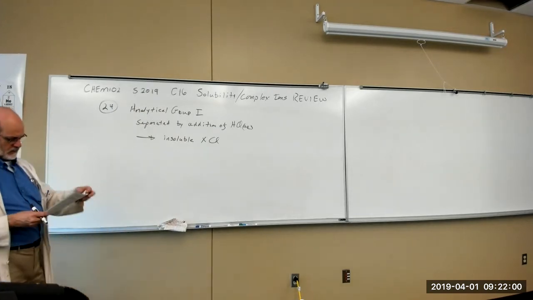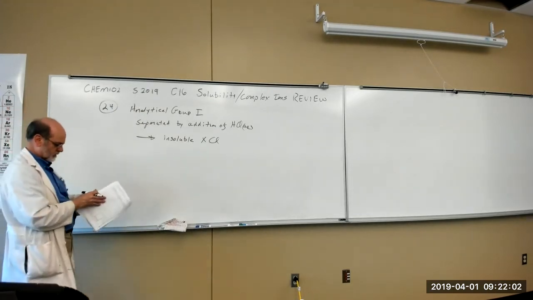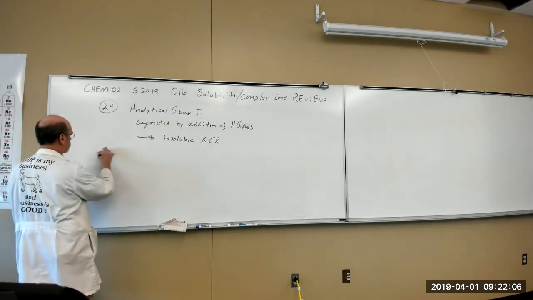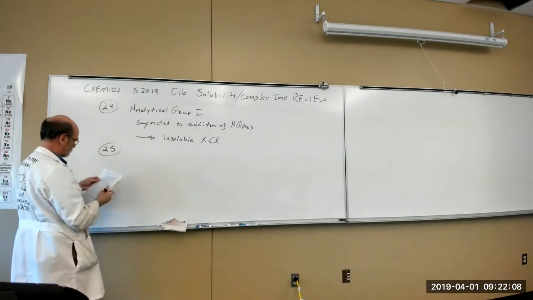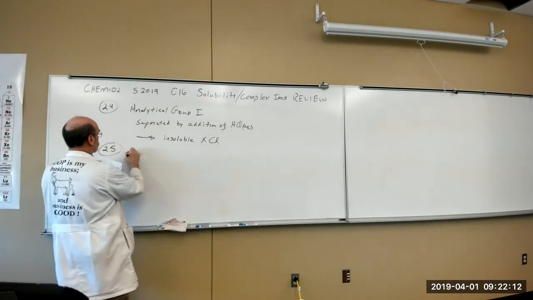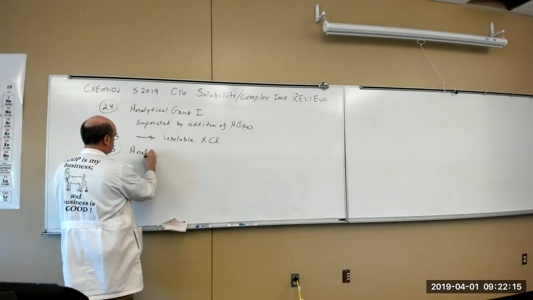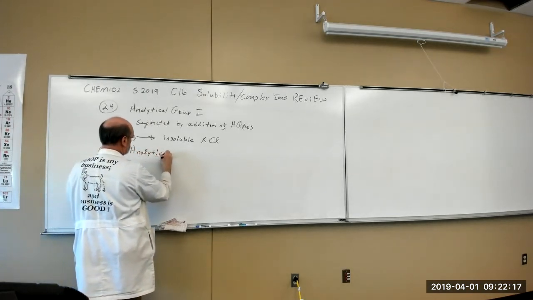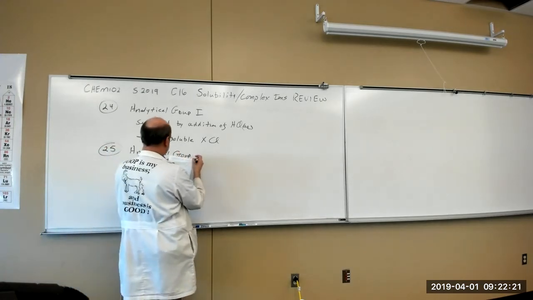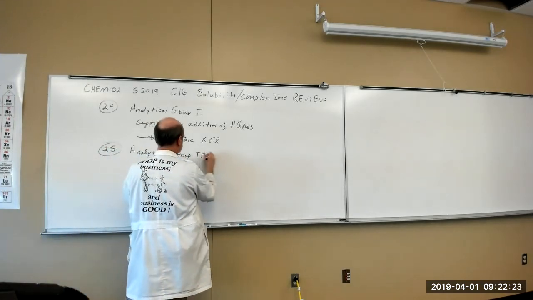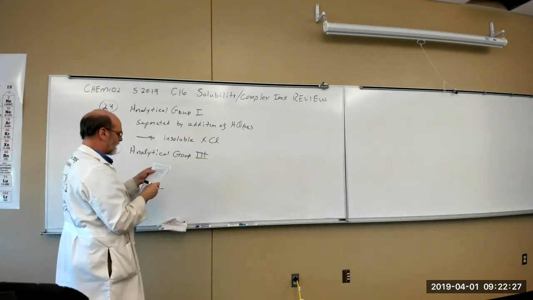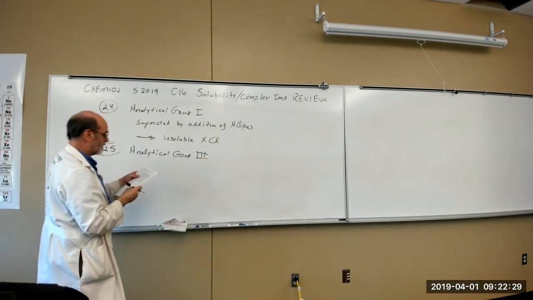While we're in the neighborhood, let's do 25. How are the analytical group 3 cations separated from the cations of analytical groups 4 and 5?